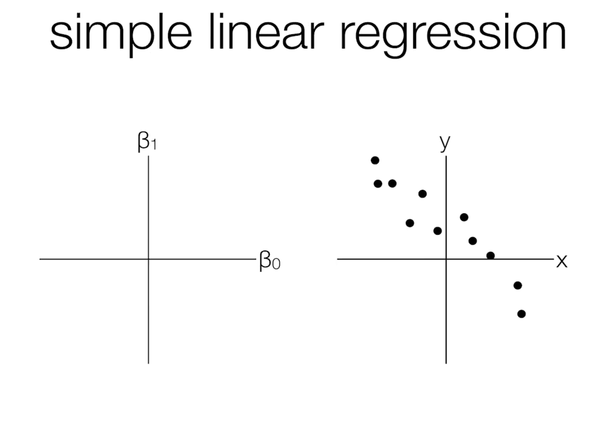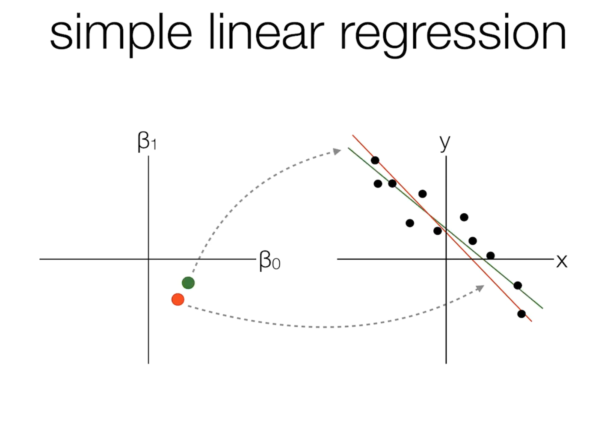Let's take a look at the picture. Again, we have the beta plane and the xy plane, and now I've added to the xy plane the points that we want to run a line through. And when we're looking for a good line, different lines will kind of look better or worse. For example, if I pick this point in the beta plane, it corresponds to that line, and that line looks pretty decent. However, I can choose a different line, which is a different point in the beta plane, and yet still corresponds to a roughly reasonable line.